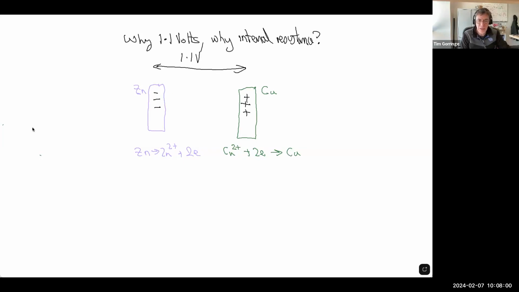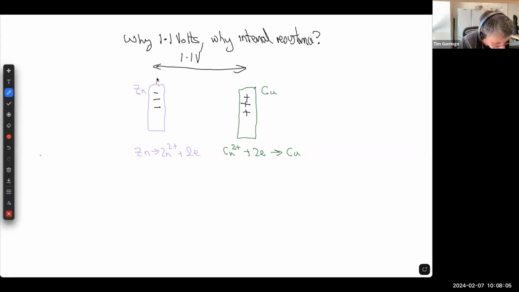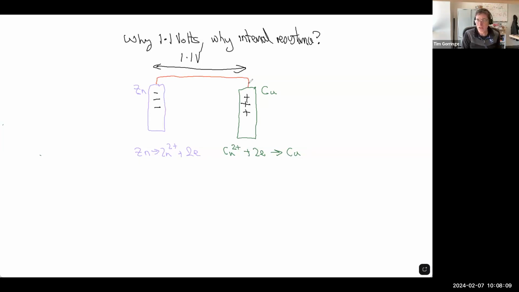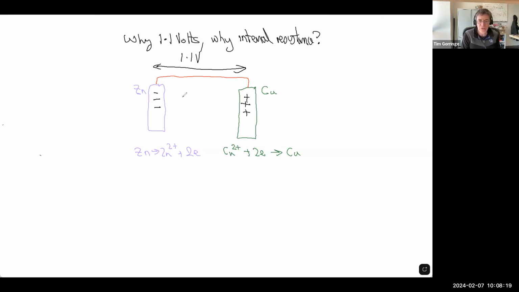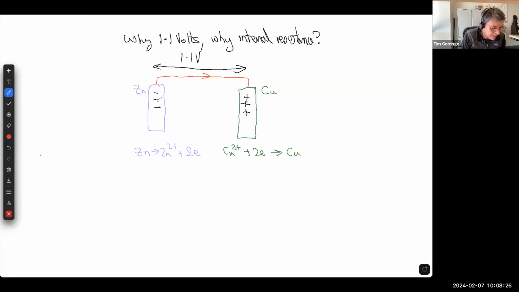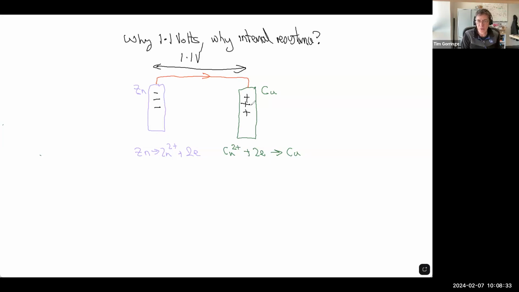Now let's connect this battery to a circuit. So let's draw a circuit. I'll just draw a simple circuit, imagining a wire connecting the two electrodes. In reality, this is a circuit with resistors and other components. At this point, if we connect these two electrodes into the circuit and make a complete circuit, then that allows electrons to flow off the negatively charged zinc anode towards and onto the positively charged copper electrode.